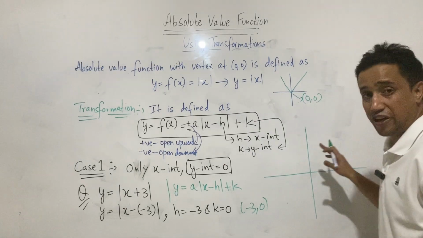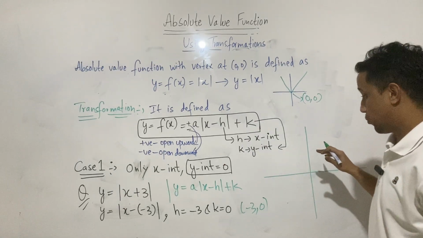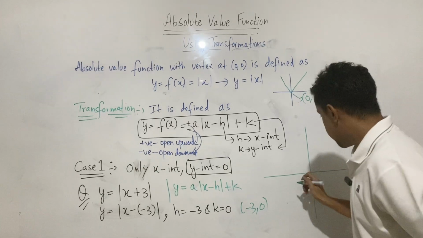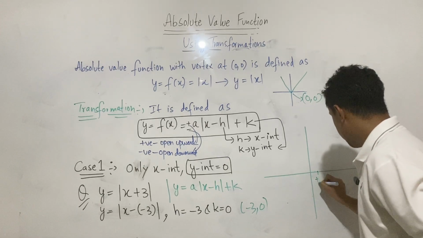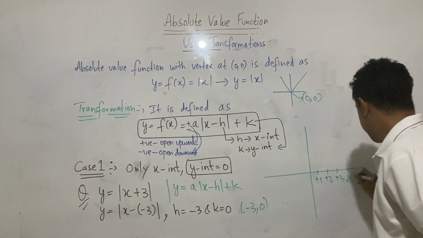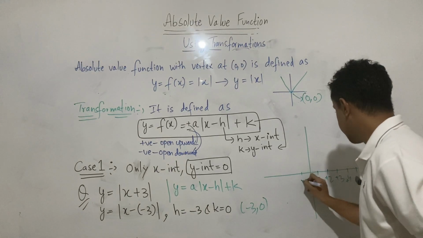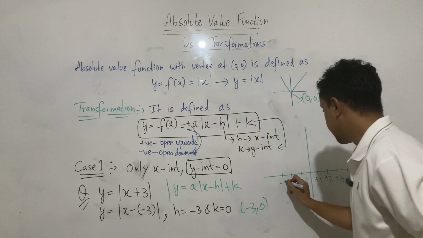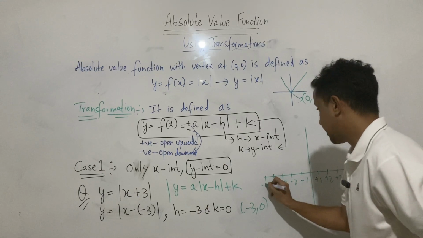So where is minus 3, 0? Here positive 1, 2, 3, 4, 5. Here negative 1, negative 2, negative 3, negative 4, negative 5.